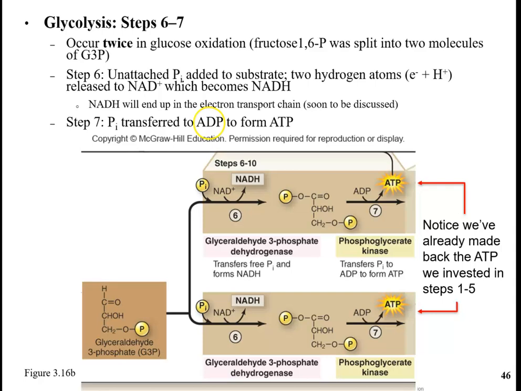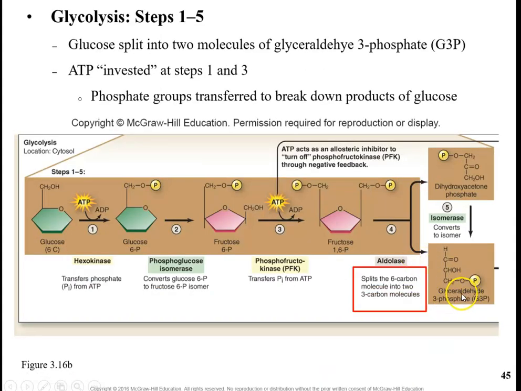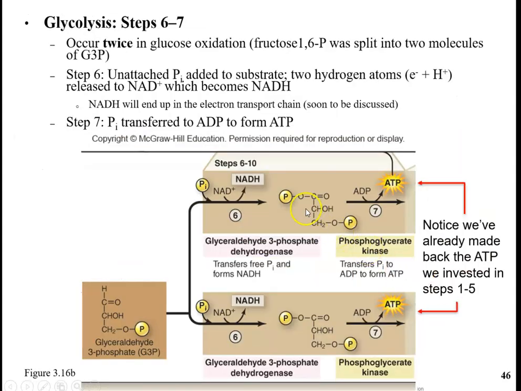So in step 6, an unattached inorganic phosphate, that's this right here, is added to the substrate. So we had glyceraldehyde 3-phosphate with 1 phosphate, and now see it's got 2 phosphates. 2 hydrogen atoms, so 2 electrons and 2 hydrogen ions, are released to NAD+.